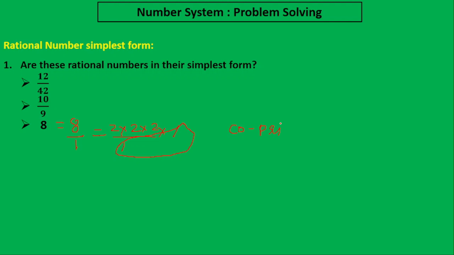Coprime numbers. 8 and 1 are coprime numbers. Hence 8 is in its simplest form. Very easy to understand. I have covered all kinds of examples. So the conclusion can be drawn that every integer is in its simplest form. It can't be simplified further.